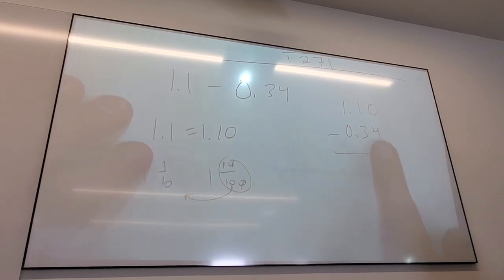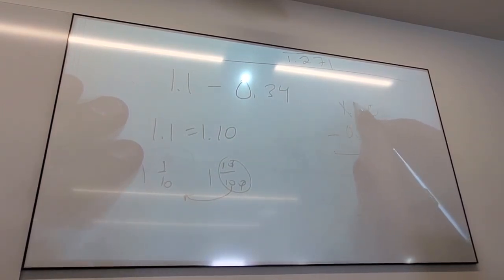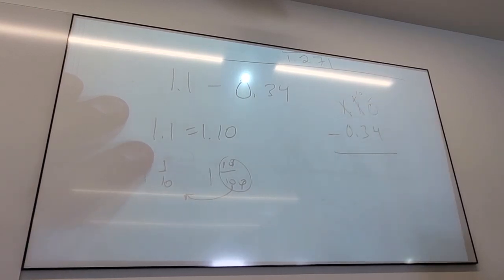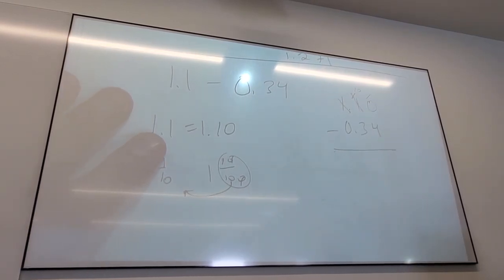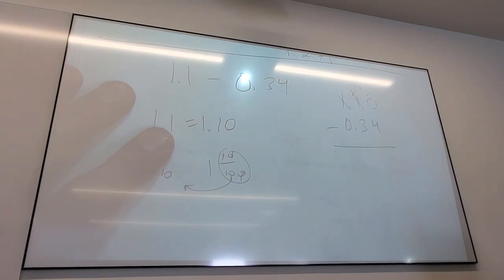And now this I can just do like we have in the past, right? Then I have to borrow 1, make that 11, and I gotta borrow 1 and make that 10. Why can't you just directly borrow from the one next door and bring it to a 9? The one in the tenths place.